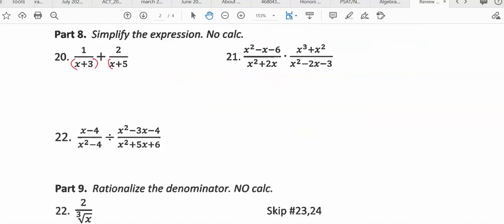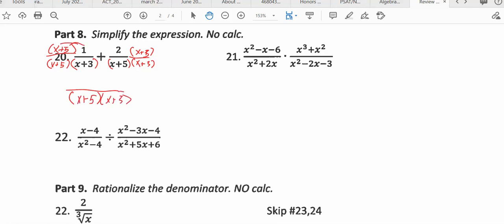So here I need the same denominator. This one needs an x plus 3. There's a 3 there. This one needs an x plus 5. So I would have the same denominators, and this becomes one big fraction. The denominator is x plus 5 times x plus 3.